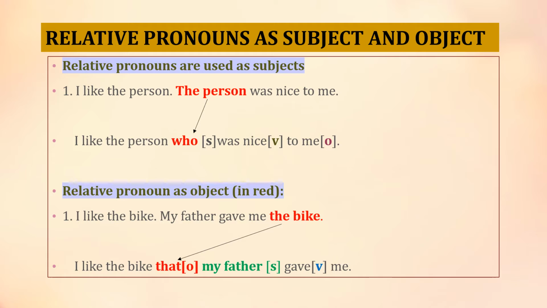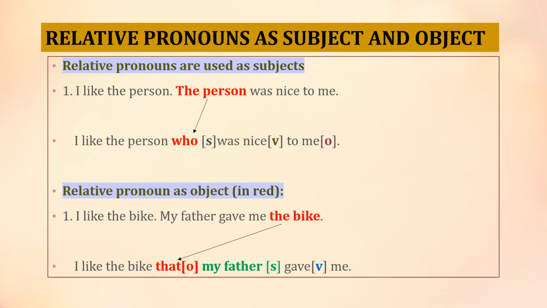Here who is standing in the position of a subject. The person was nice, it becomes the verb, and me becomes the object. Thus the relative pronoun who is standing in the position of subject.